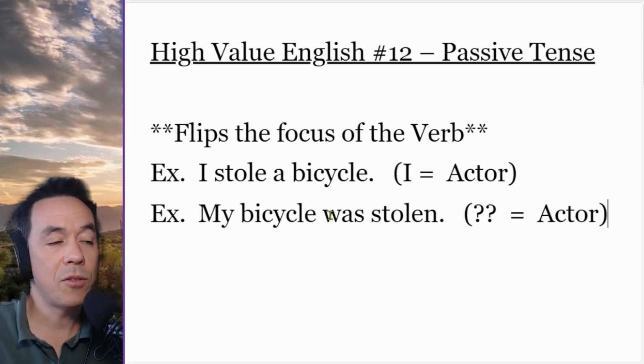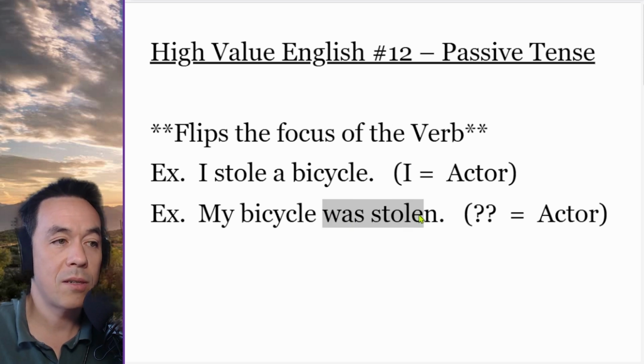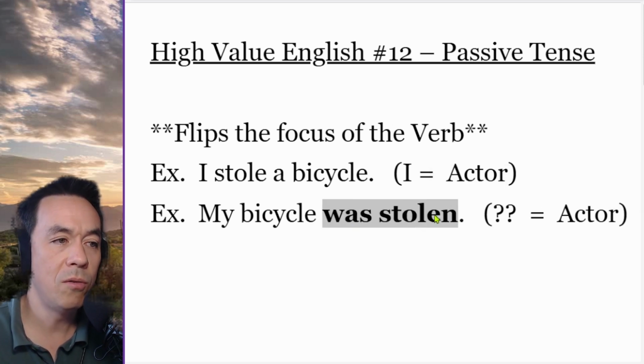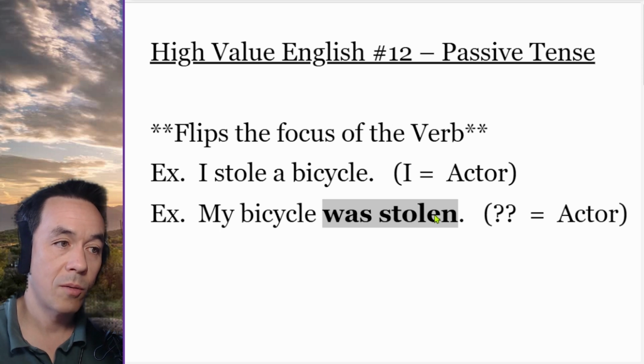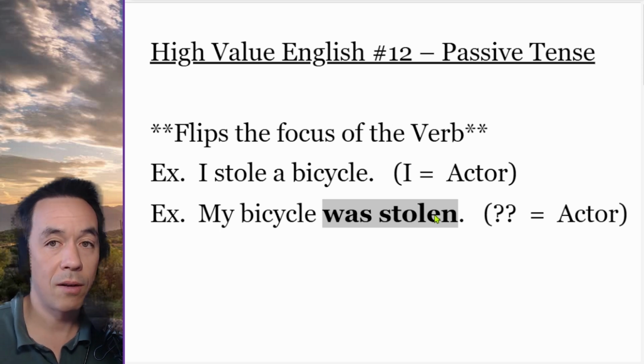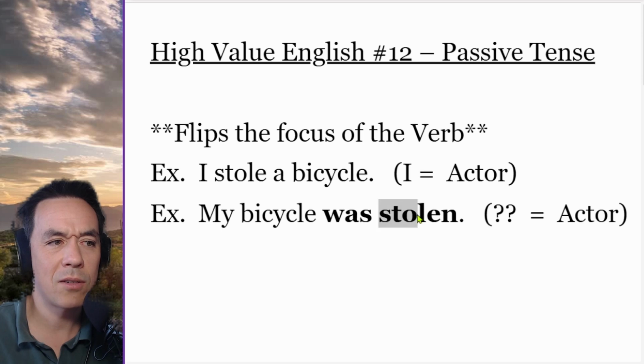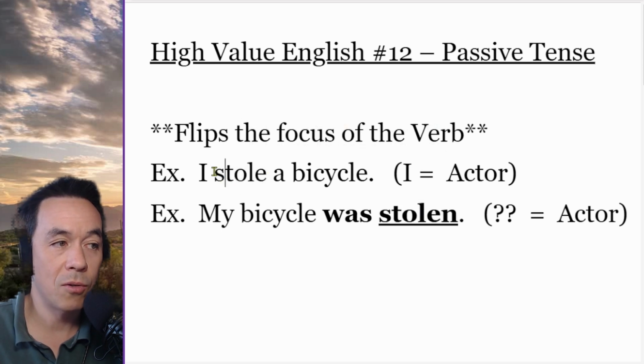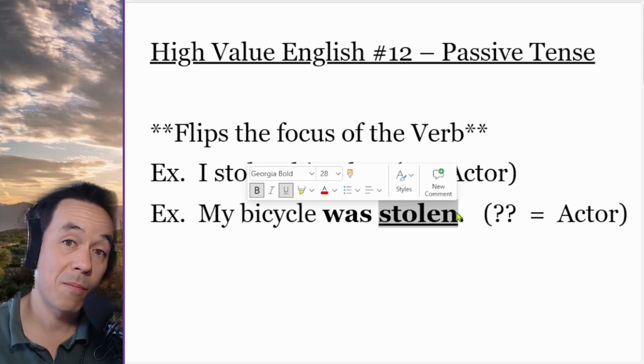And this is a tricky tense, a tricky style, because you now have these two verbs. Verb A, the first verb, and then verb B, which is unusual. You've got the normal past tense of stole, which is also strange. Steal is the present, stole is the past. Now you have stolen. Why do we do this? I don't know.